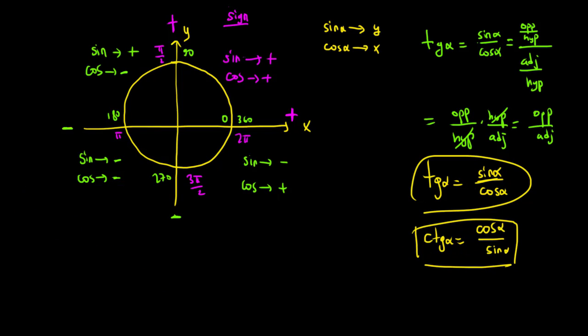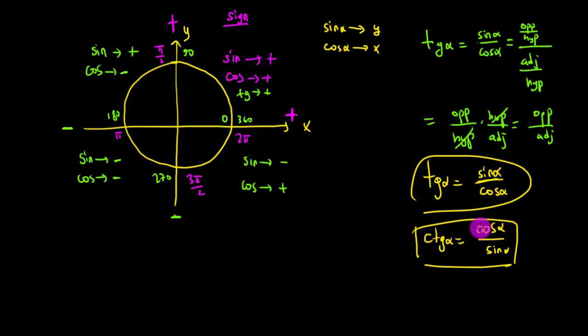Let's check the signs of tangent. Tangent is sine over cosine. Plus sine divided by plus cosine gives plus.